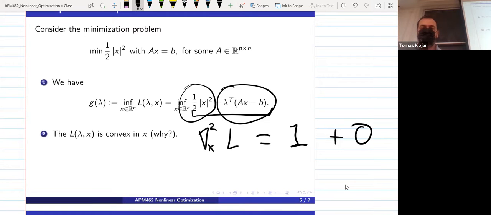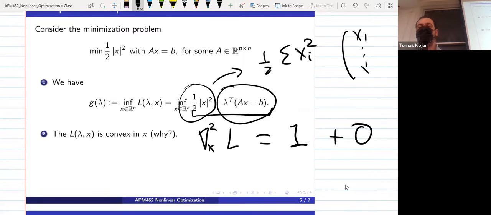Why? Because this is equal to a half of the summation of xi squared. The gradient is equal to x1 to xn, and this is the gradient plus lambda a.